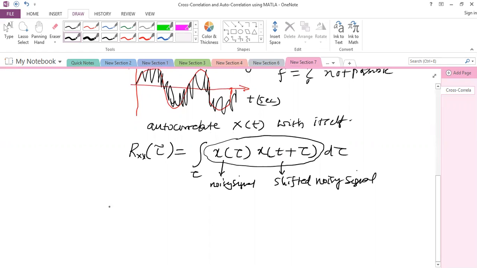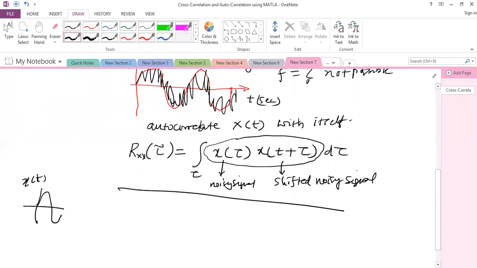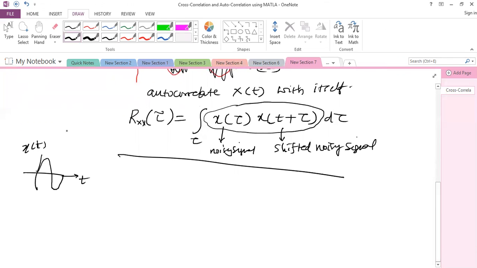What is the autocorrelation of a sine wave? So let us say my x of t is a sine wave like this. Now, x of t plus tau. When the amount of shift tau equals 0, x of t plus tau will be equal to x of t.